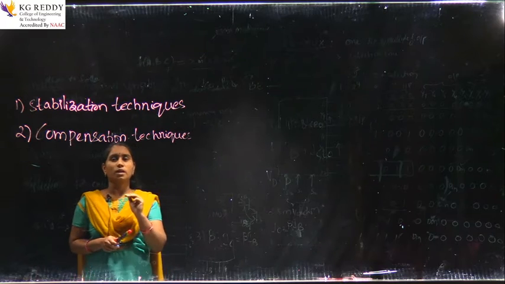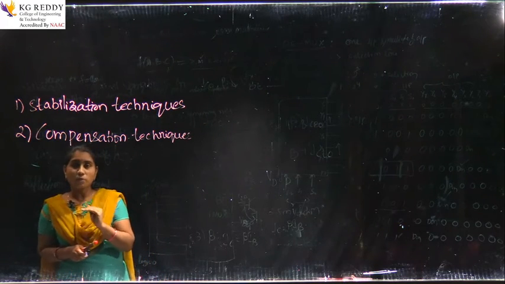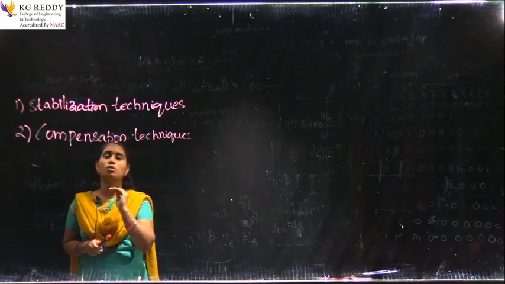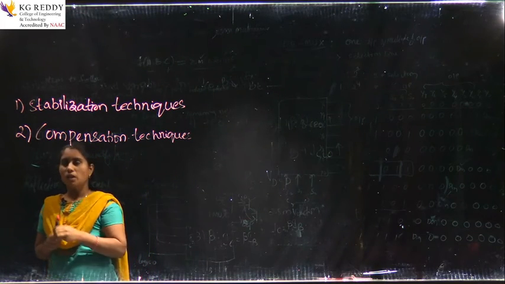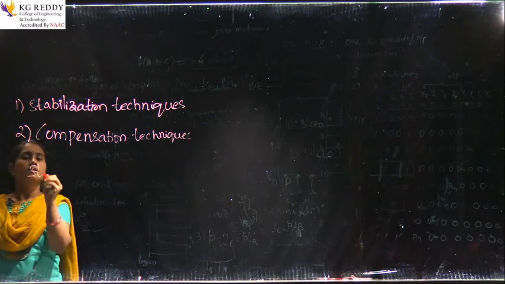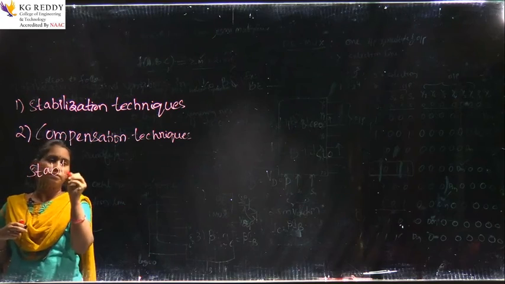By varying, we mean varying with respect to these three: ICO, beta and VBE. Now, let us discuss the stability factors.